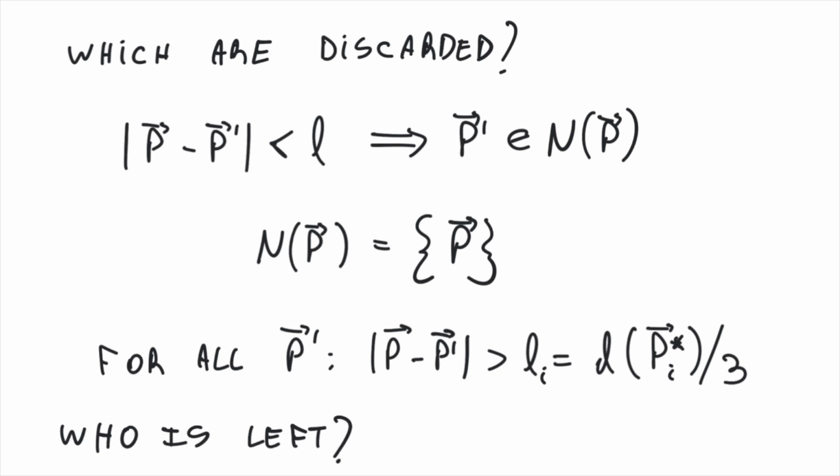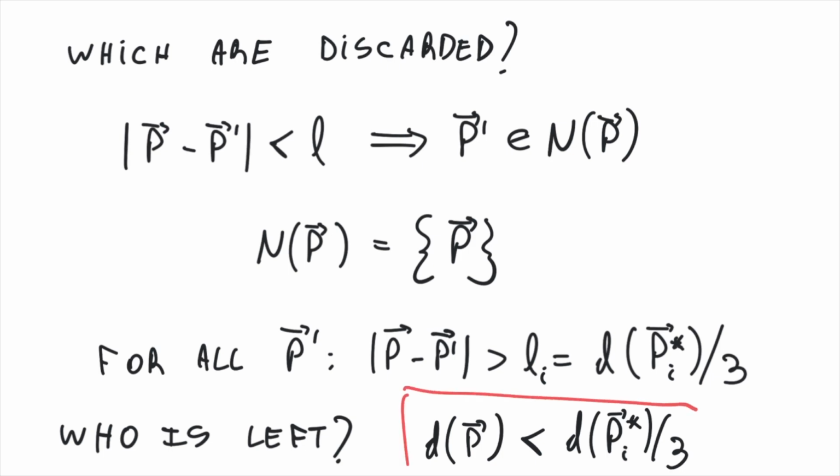Well, it's those points which have at least one point that is closer than the closest point to P star over 3.